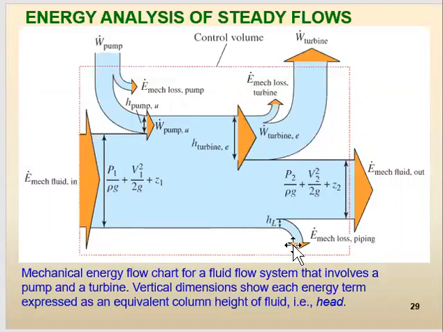And when you have loss as a result of piping, also it takes some energy from this total power out of the system. So at the second point, your terms is going to be in total corresponding to these values. This is some simulation of mechanical energy flow chart for a fluid flow system.